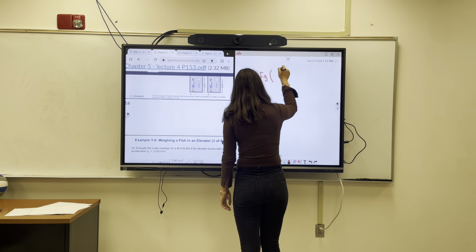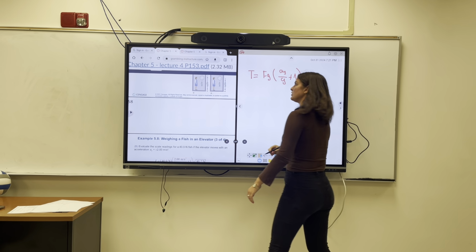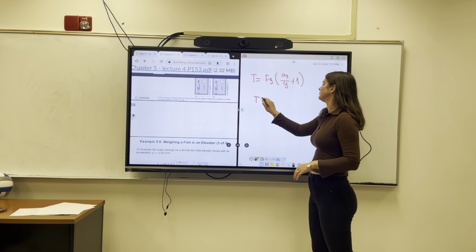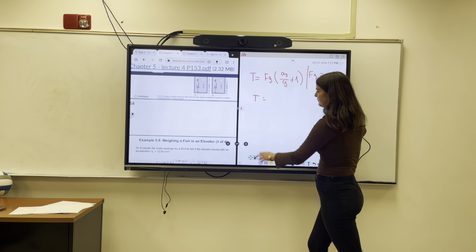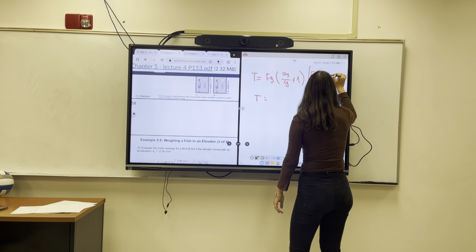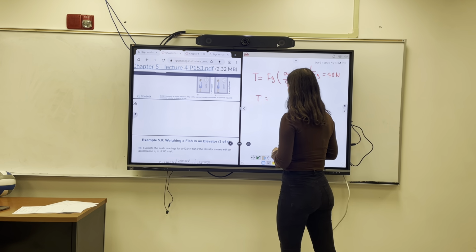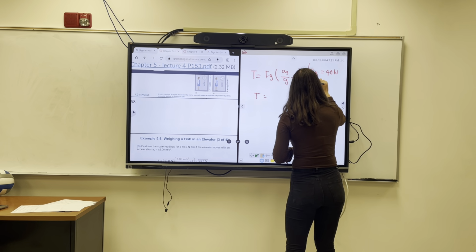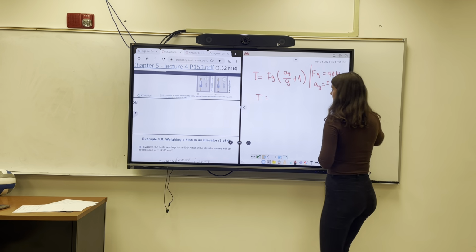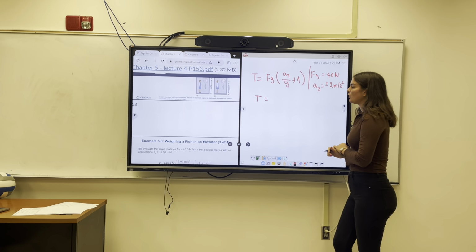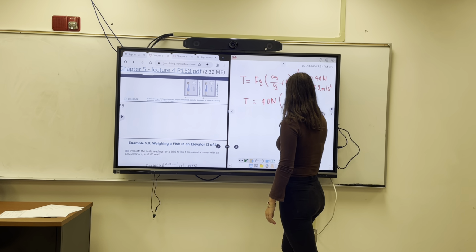We are going to use this formula, T equals Fg times ay over g plus 1. Fg from the information is 40 newtons, and the acceleration ay is plus or minus 2 meters per second squared. Let's plug in the numbers.